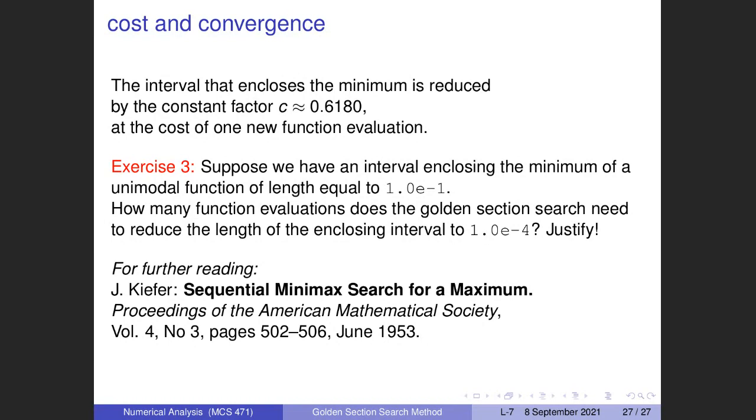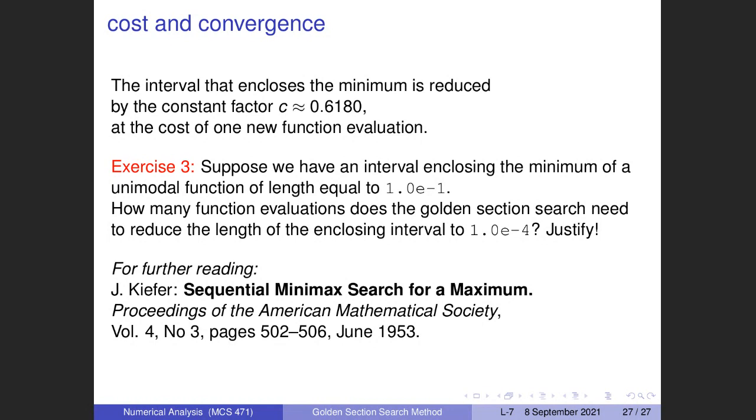Suppose that you start with the interval 0 and 1/10. After how many function evaluations would you need for the length of the enclosing interval to be 10 to the power minus 4?